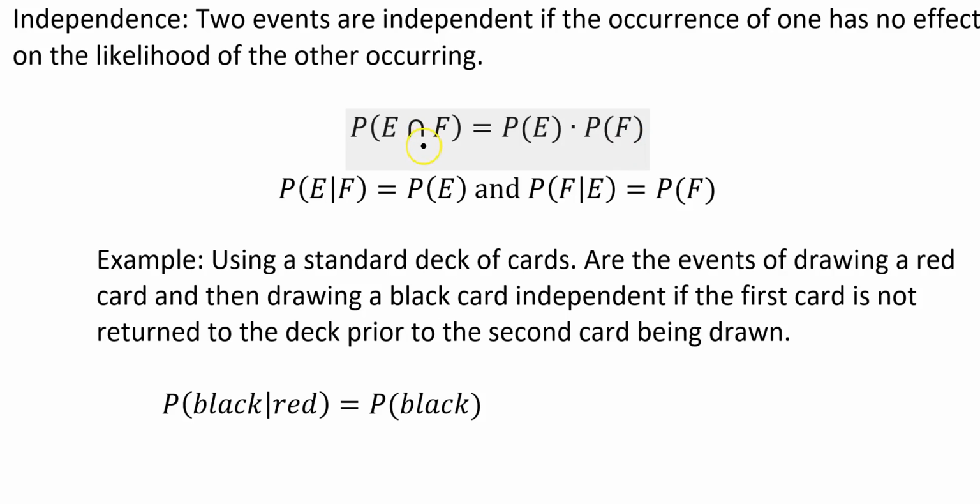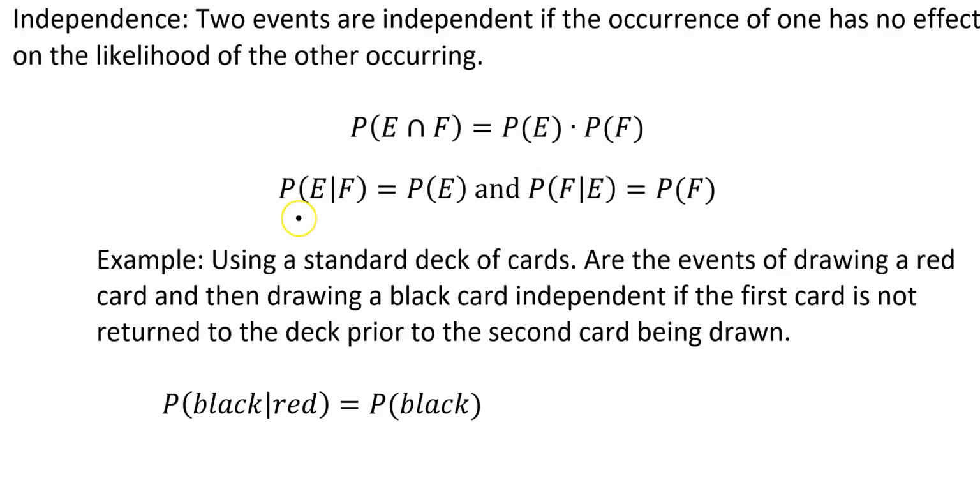So if the intersection of the two events is equal to the probability of each event separately and multiplied together, then we know they're independent because one event is not affecting the likelihood of the other. It doesn't say that the intersection is 0. It does say that the intersection is equal to the probability of E multiplied with the probability of F. This is only true when the two events are independent.